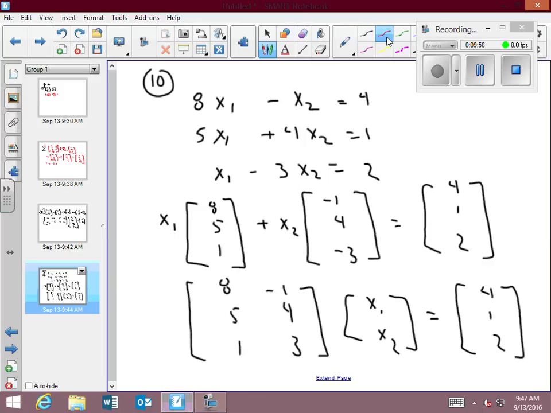This is 3 columns, 2 rows; 2 columns, 2 rows; 1 column, 3 rows. These two have to be the same, and it gives you a 3 by 1.